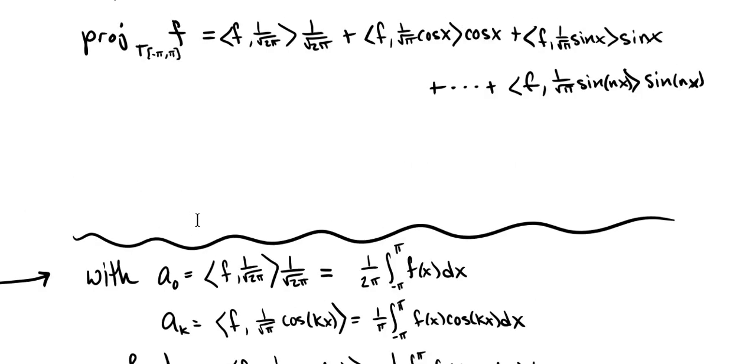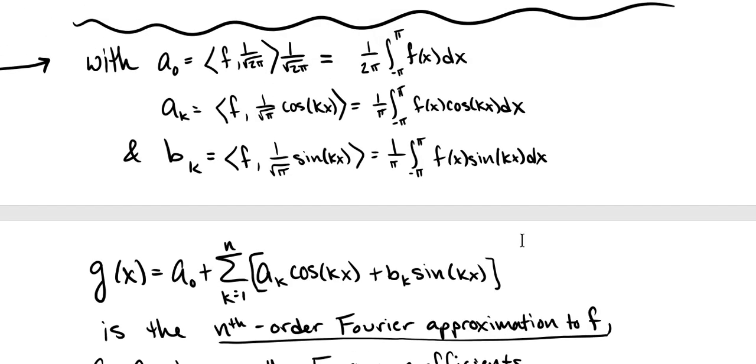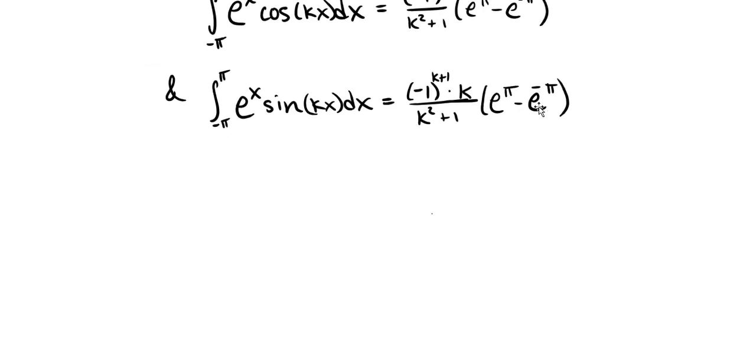And then I can plug into this formula for the third order, meaning I'll only go up to k equals 3, third order Fourier approximation to f. So we're going to use these formulas here. Right? These formulas. Let's see what we get. A naught, that's the integral from negative pi to pi of f of x dx, which is just e to the x.